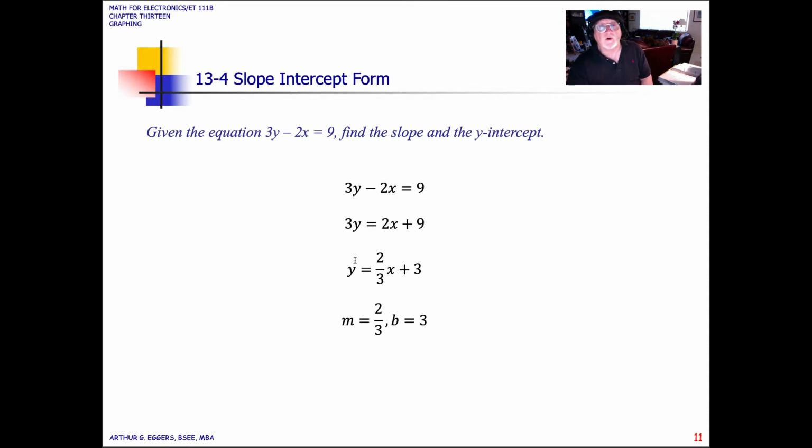I'm going to divide the whole right side of the equation by 3, which lets the y value stand alone with no coefficient, and I end up with 2/3 x plus 3. Now I have simplified it to the form y equals mx plus b, and I can glean the slope, m, as 2/3, and the value 3 as the y-intercept, or b.